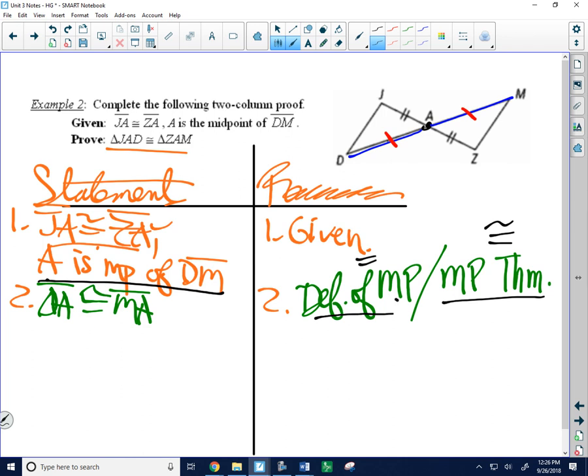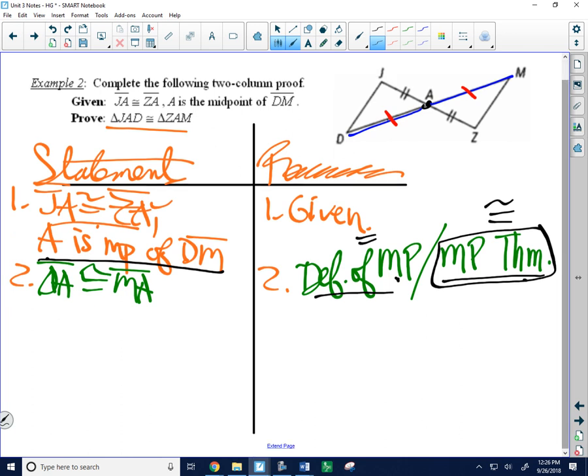This actually says DA is equal to MA. The theorem actually says they're congruent. So technically it's this one. Right now I'm alright if you just put definition of midpoint. I think they'd both be acceptable on the test. I marked my diagram. Please make sure you put the slash marks in. Good so far?